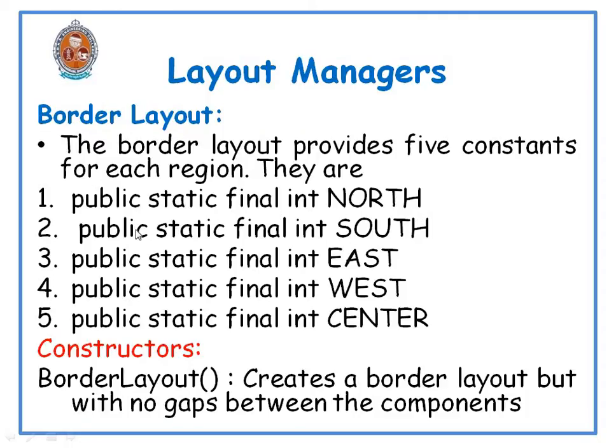Similarly, in order to add our component in the south region, we need to use the south constant. In order to add a component in the east region, we need to use the constant public static final int EAST. Likewise, we need to use 5 constants to place components in the 5 regions.